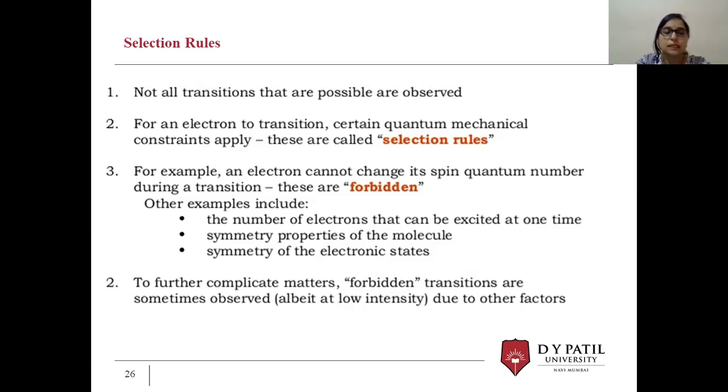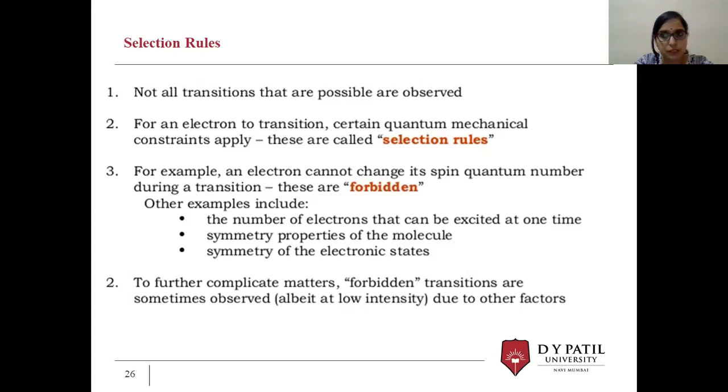Other examples include the number of electrons that can be excited at one time, the symmetry properties of the molecule, or the symmetry of electronic states. We already have studied in the atomic structure module in the first semester the different kinds of quantum numbers, the rules that they need to follow, and the principles that need to be followed for a transition to happen, especially electronic transitions.